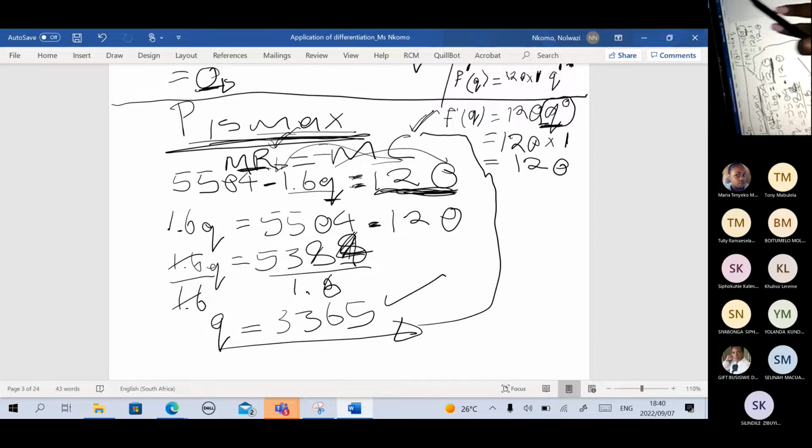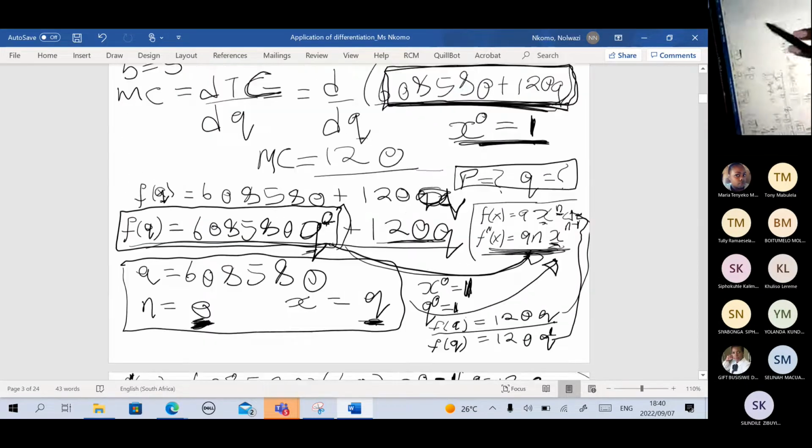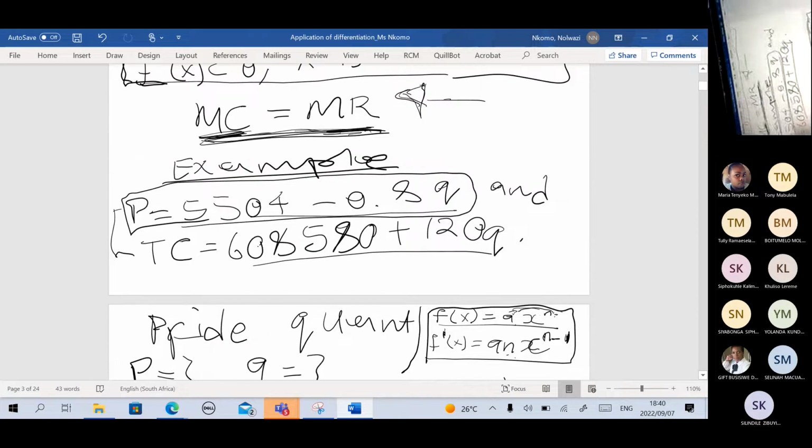Okay, remember, initially we were given the demand function, and in the demand function we do have the price, and now we do have the quantity at maximum. So what we have to do is take that quantity at maximum, which is 3365, and substitute it here in the demand function. And if we do that, we'll get the price at maximum, right?